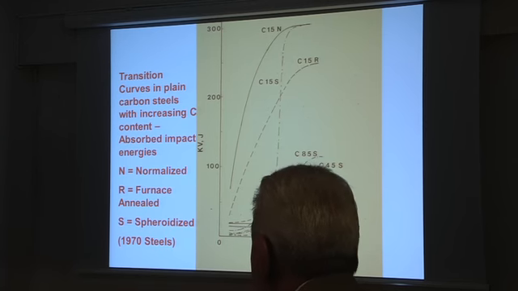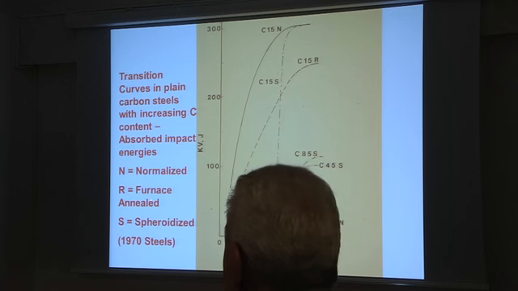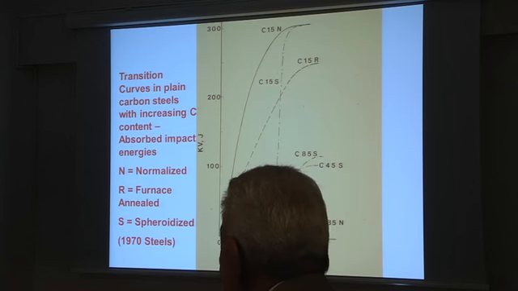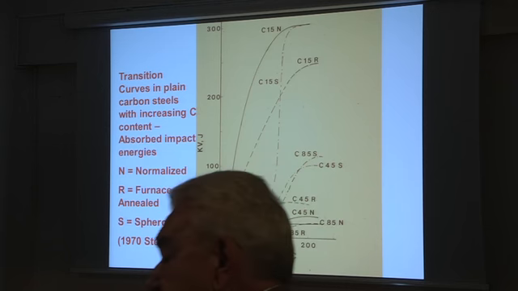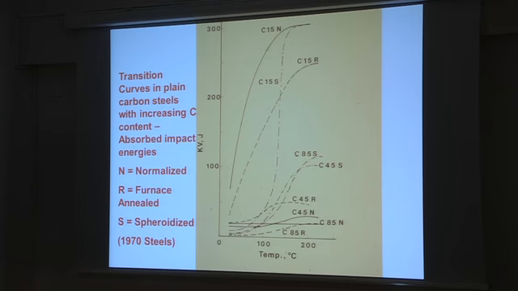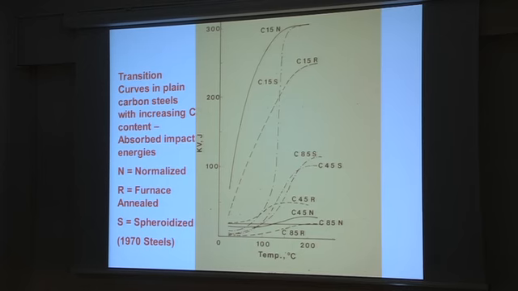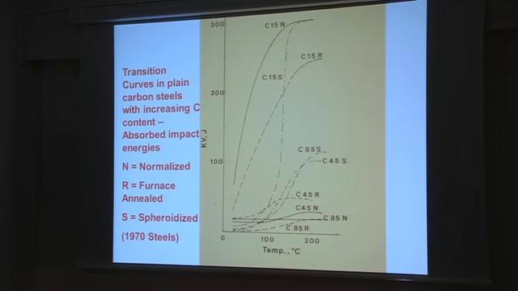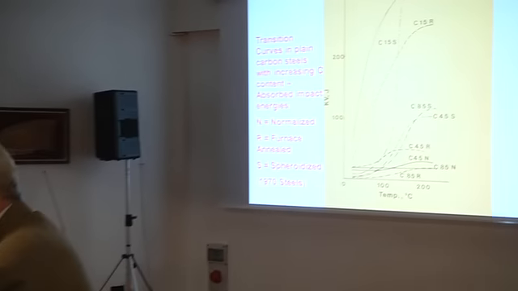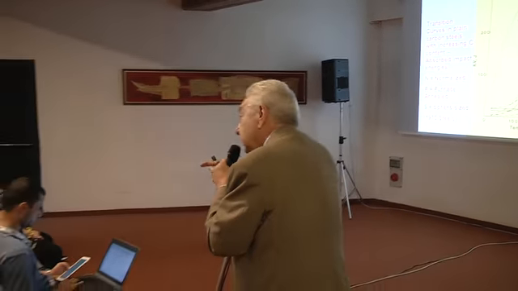Let us see C45R. R means furnace annealed. You can see that the level of absorbed energy is low at all the temperatures. It's a double at the higher temperatures, but it's a double of a little energy absorbed. So even the double of a little quantity is little.